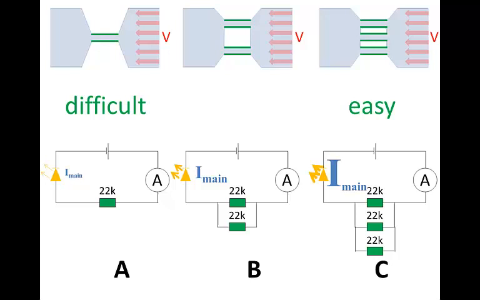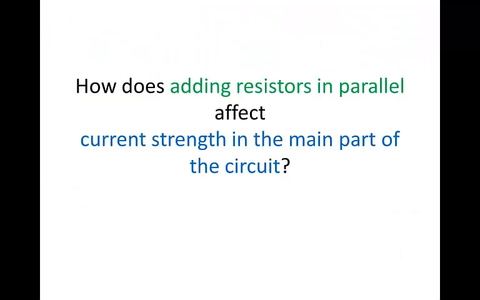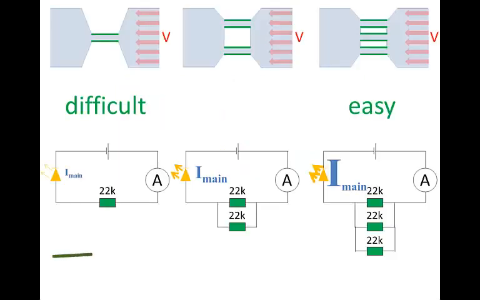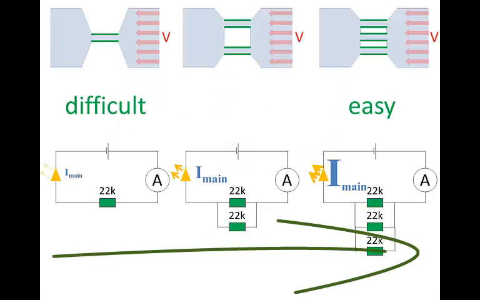So how does adding resistors in parallel affect current strength in the main part of the circuit? Let's answer this question by choosing either increases or decreases here. Adding resistors in parallel does what to current strength in the main part of the circuit? The more resistors there are in parallel, the easier it is for the current to flow.